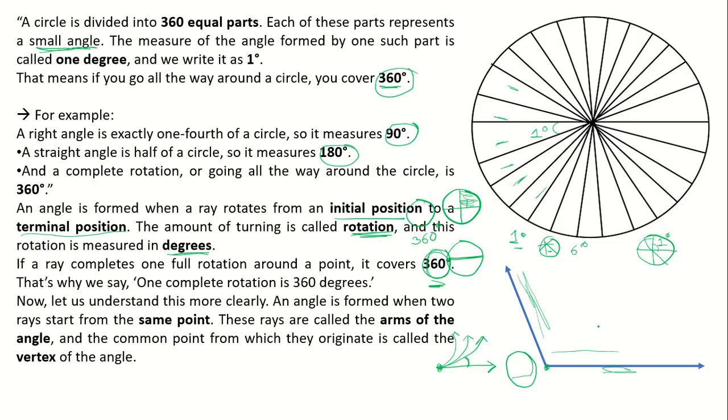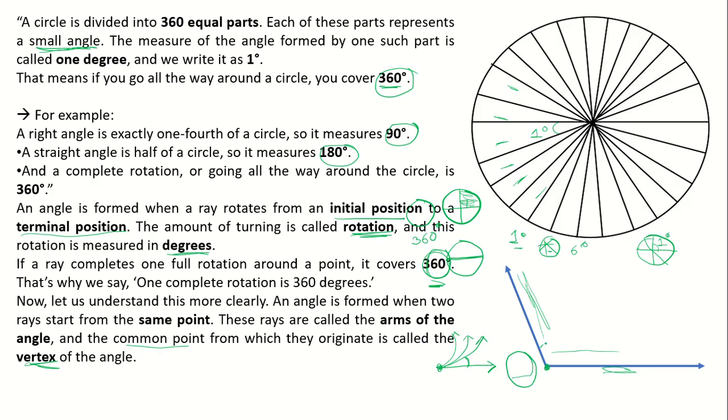And this is another ray, right? These rays are called arms of the angle, and the common point from which they originate is called the vertex.